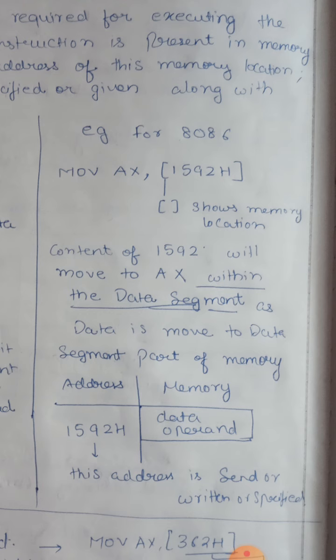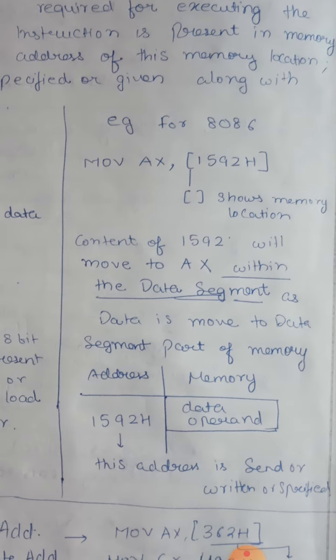So without any confusion, if a bracket is there, then it is a memory location. 1592 is the address in which data is stored. The content of 1592 will move to register AX within the data segment, as the data is moved to the data segment part of the memory.